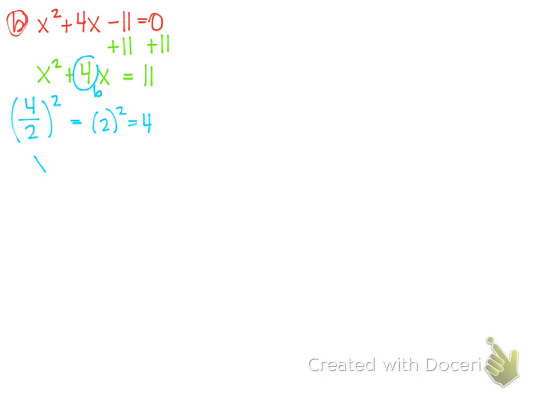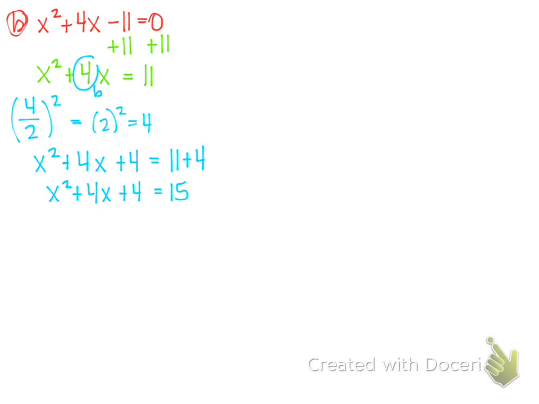So we have x squared plus 4x plus 4 is equal to 11 plus 4. So we can go ahead and clean up the 11 plus 4, and we have x squared plus 4x plus 4 is equal to 15.